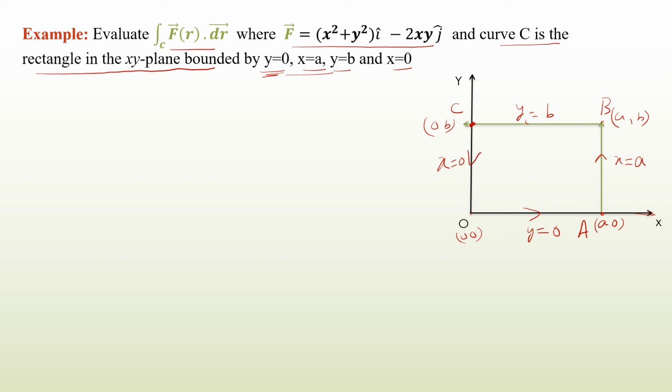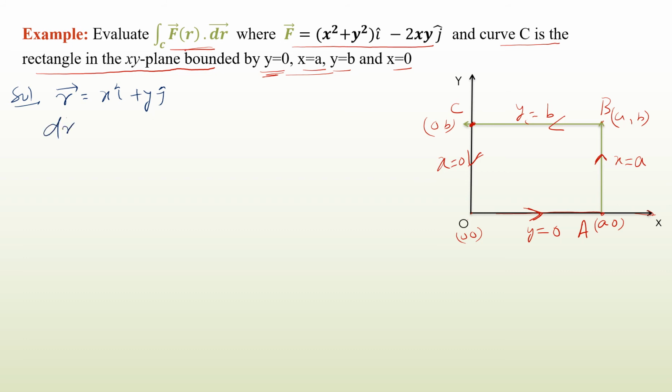So the region which is bounded by those lines, we have to evaluate the line integral along these lines: OA, AB, BC, and CO. First, as you know, in the two-dimensional plane the position vector r is xi plus yj, where z is equal to 0.